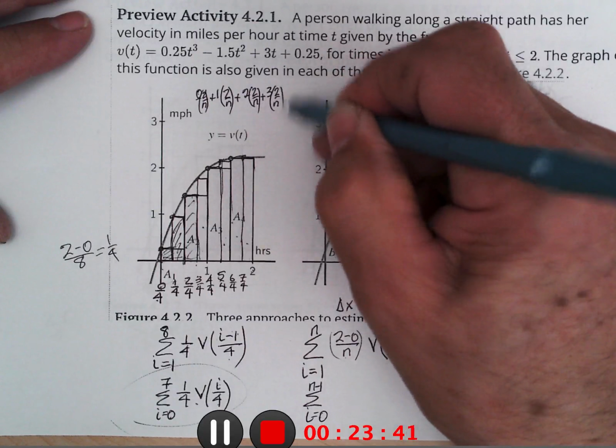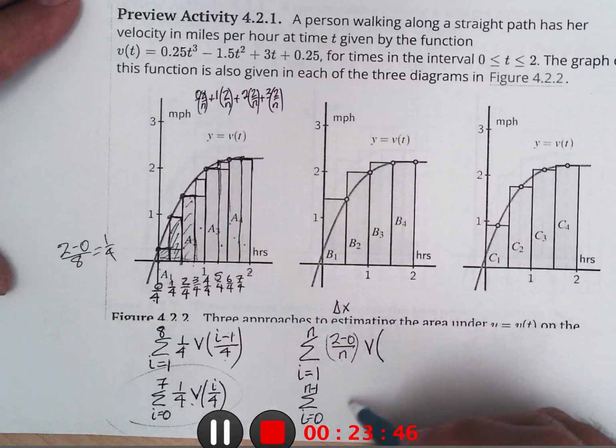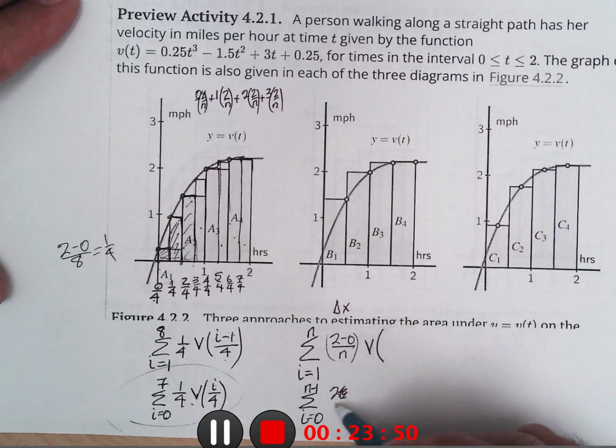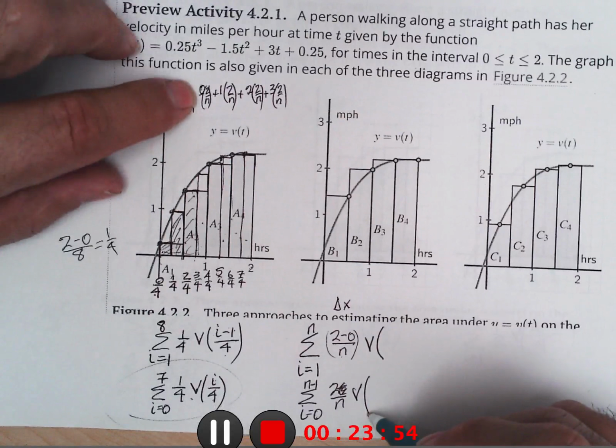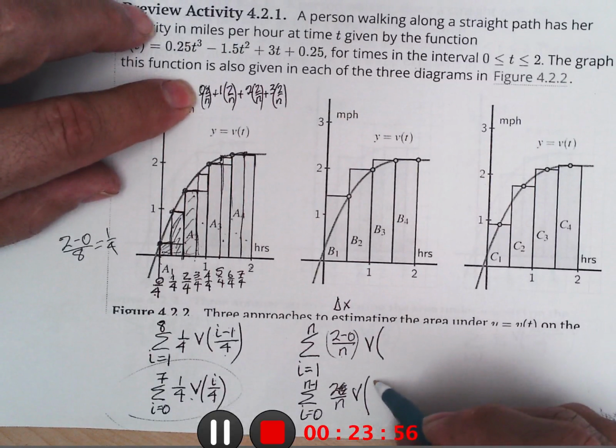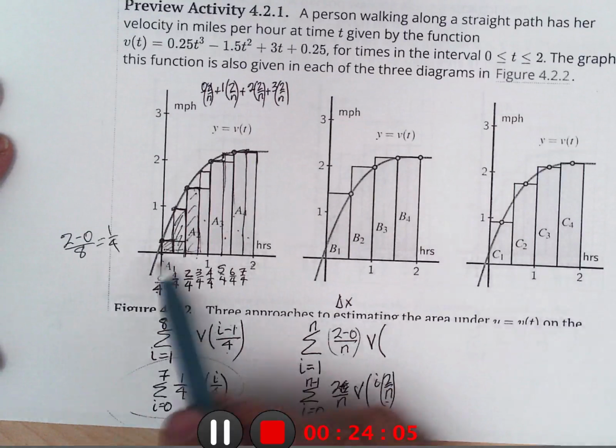So it would be, if I did this one, 2 minus 0, which is just 2 over n, times v of i times 2 over n. And that would get us all these places.